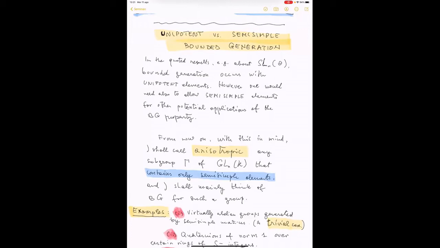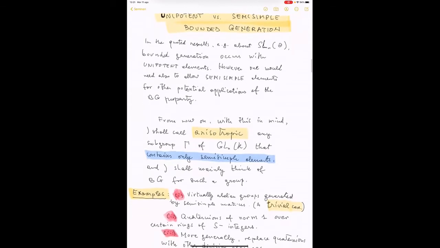I have mentioned the generation of SL_N by unipotent matrices, but on the contrary, we study bounded generation with semi-simple matrices.